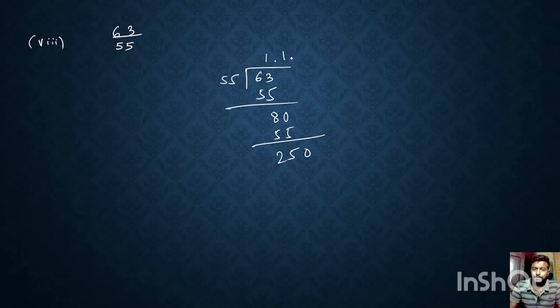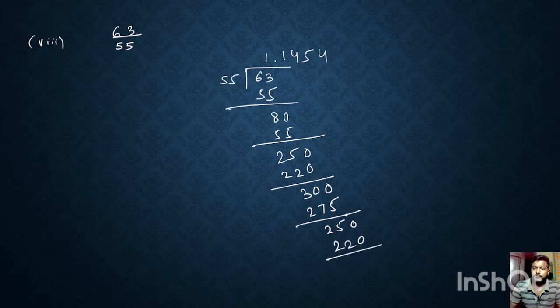So 4 times 55 is 220, that is 30, 330, 300. Then 5 times 55 is 275, that is 25, 250. Then 4 times, 220. Now 4, 5 is repeated. So the answer will be 1.14545 dot. So also equal to 1.145 bar.